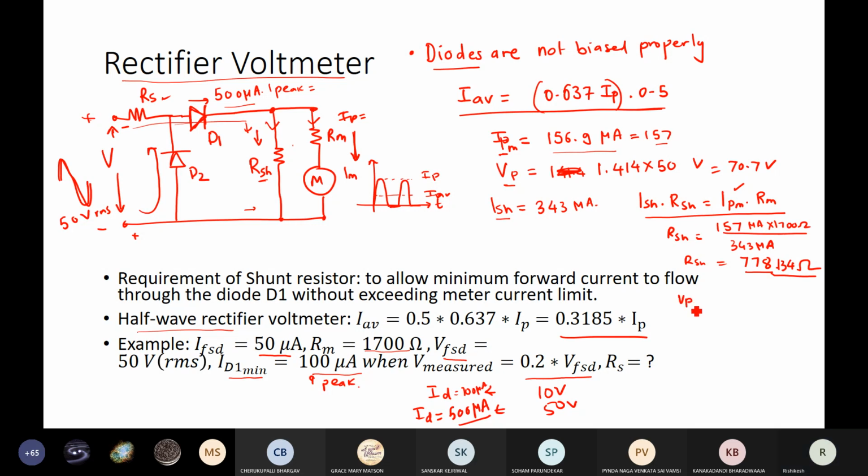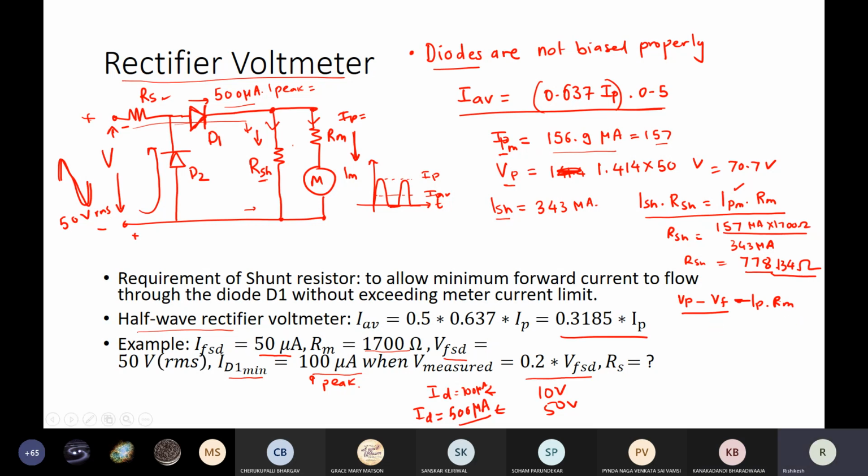V peak minus VF, single diode is there, minus the voltage drop, minus IPM into RM.